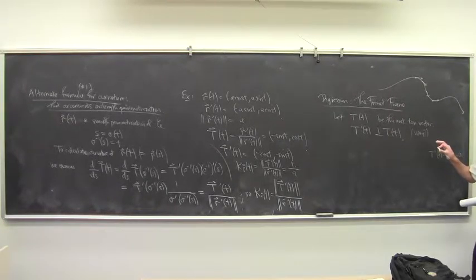This goes back to something that we saw not too long ago. Does this remind you of anything? You have some vector, and it turns out that it's perpendicular to its derivative. You have some function, and it ends up perpendicular to its derivative.